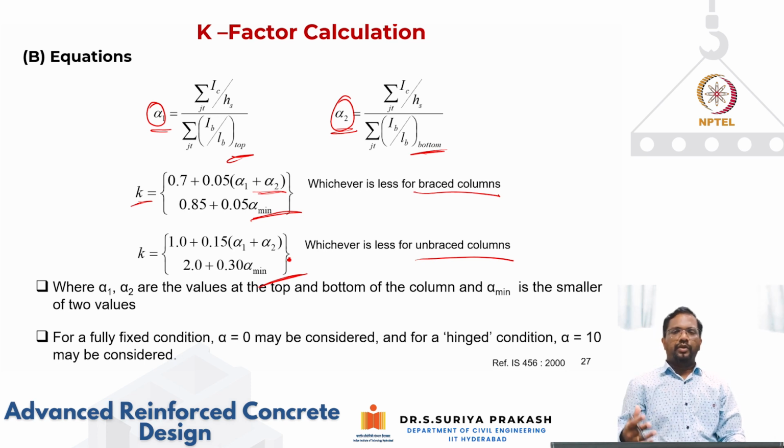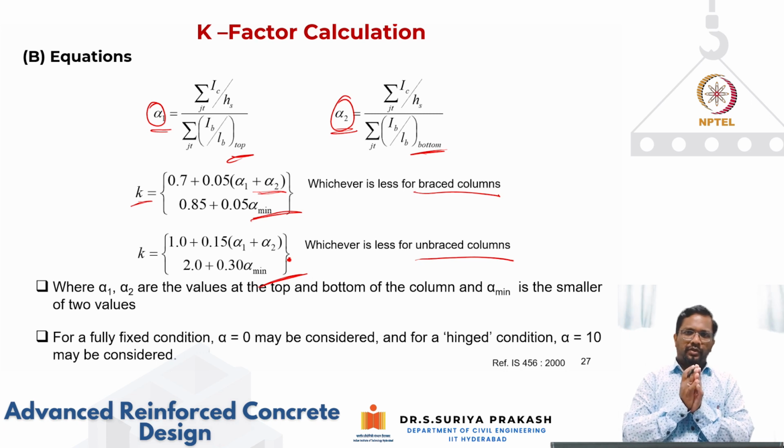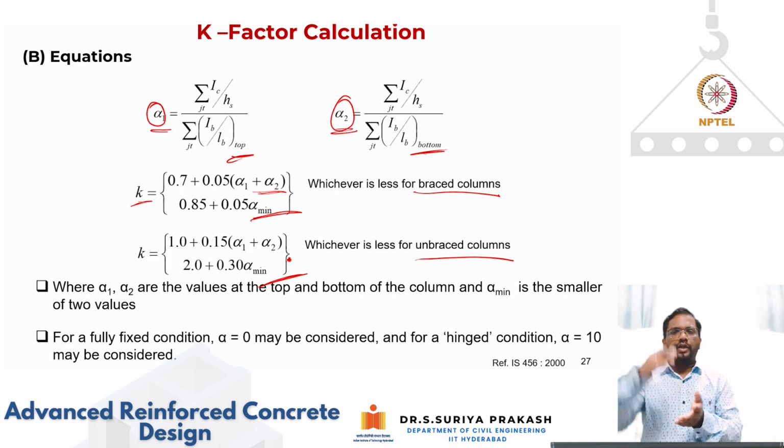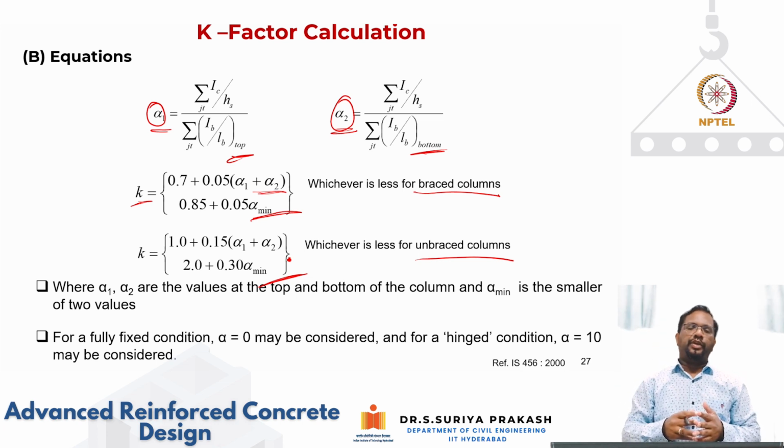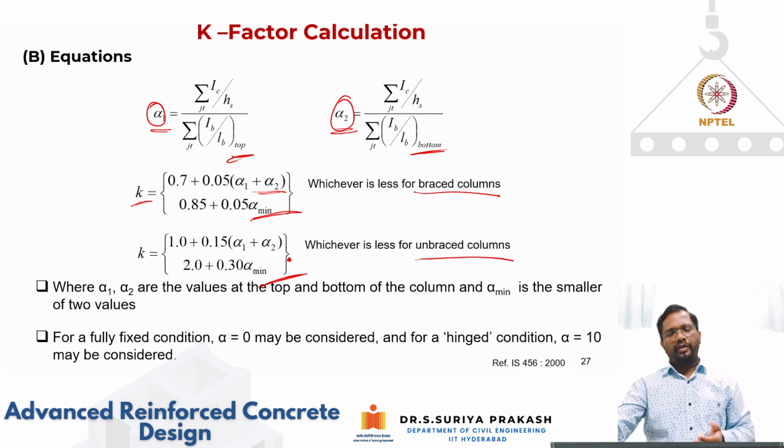So why are we doing all these things? Our idea is to calculate the slenderness ratio. To calculate the slenderness ratio, I need to know the effective length. To know the effective length, I need to know whether the column is part of a braced frame or an unbraced frame. To distinguish that, I need to calculate the stability index, then find the K factor to calculate the effective length.